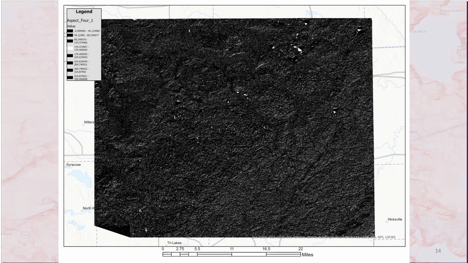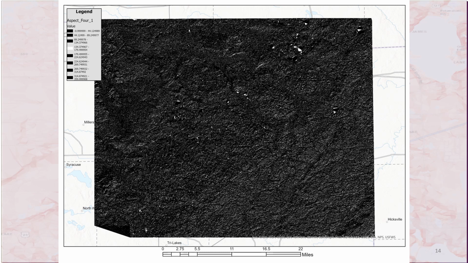It's a way of using aspect and taking out most of the data, 7/8 of the data, and then basically illuminating the surface from one direction, and some very fascinating features come to light when you do that.